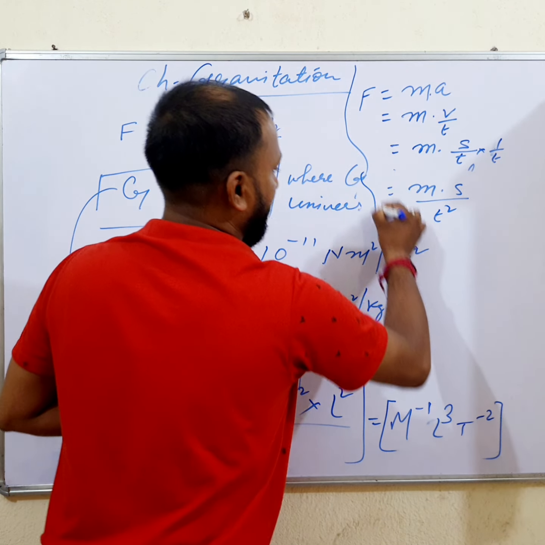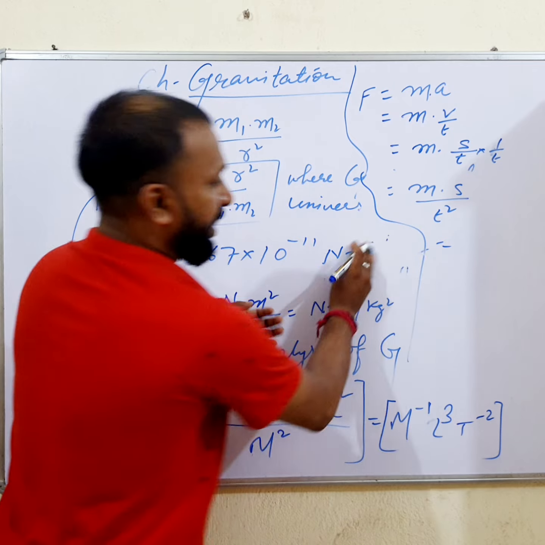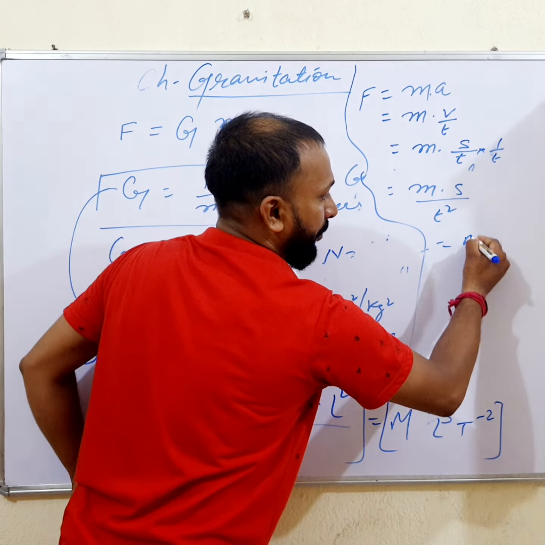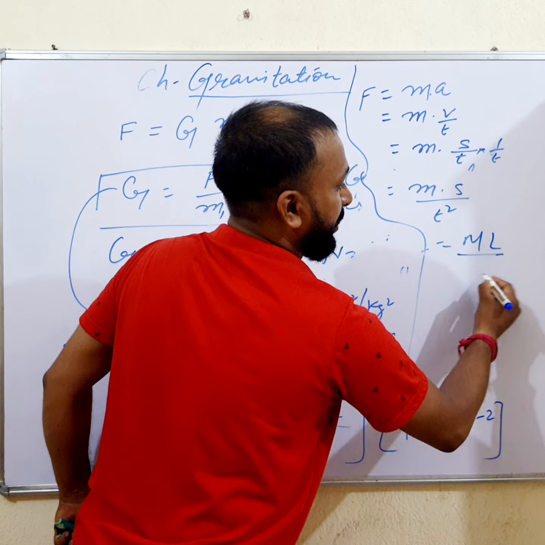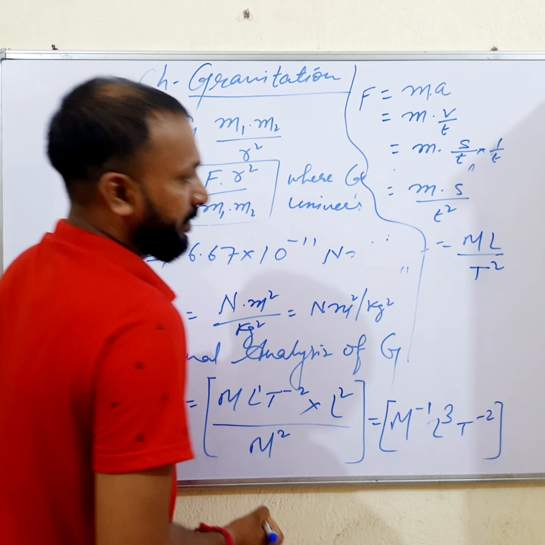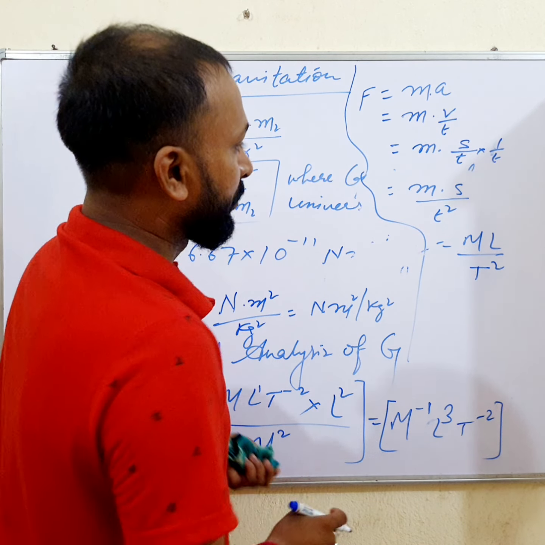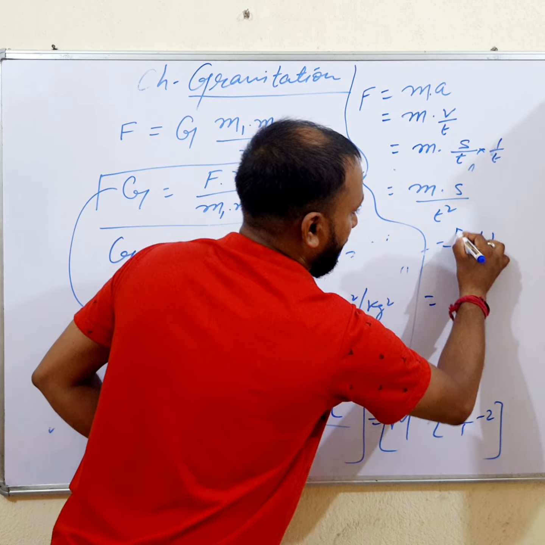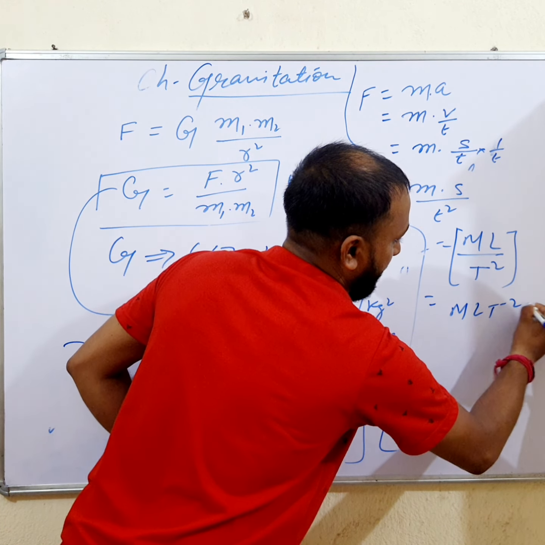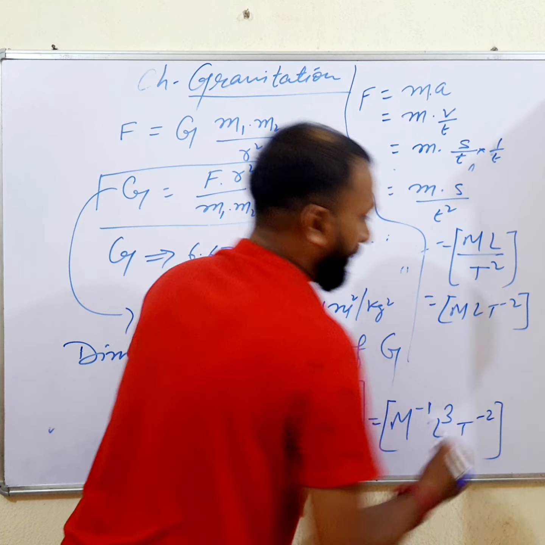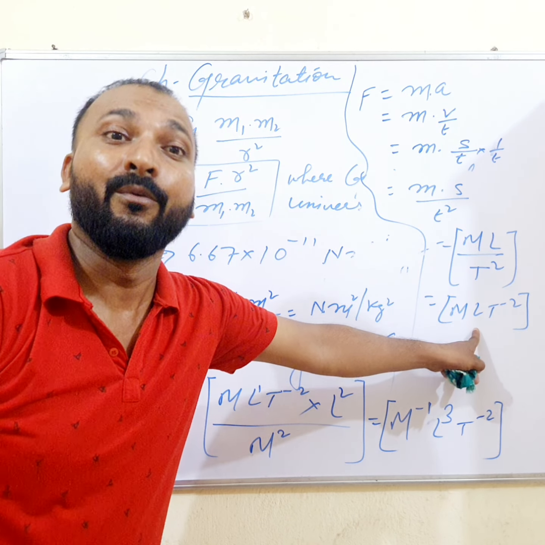Now the dimensional formula of mass will be M, displacement will be L, and t will be T square. So ultimately we get M L T minus 2. This is the dimensional formula of force.